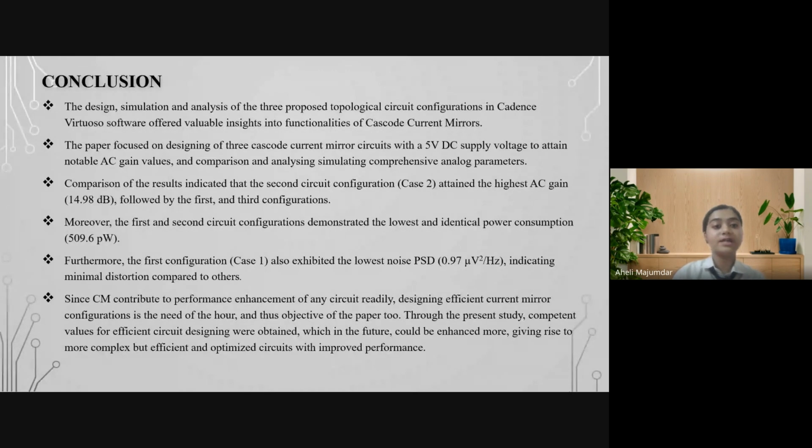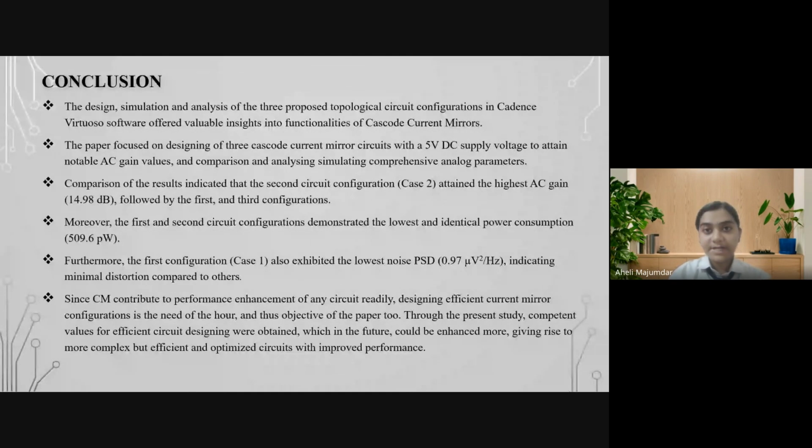To sum up, we can say that the second configuration attained the highest AC gain of 14.98 decibels. The first and second circuit configurations demonstrated the lowest and identical power consumption of 509.6 picowatts. Furthermore, the first configuration also exhibited the lowest noise PSD value of 0.97 microvolt square per hertz, indicating minimal distortion compared to the others.